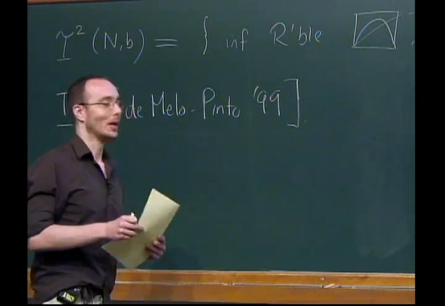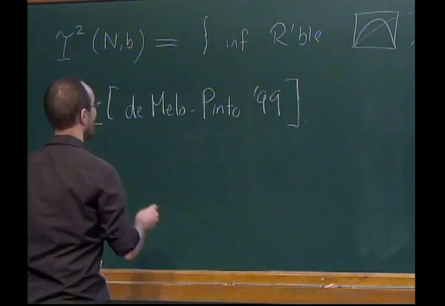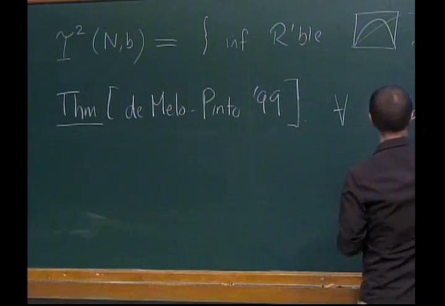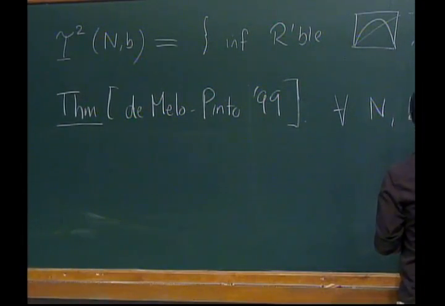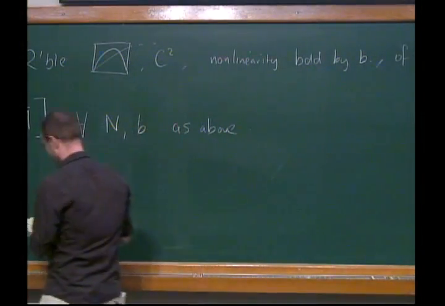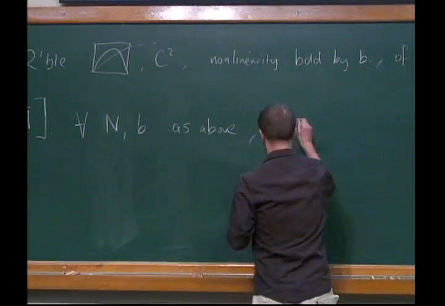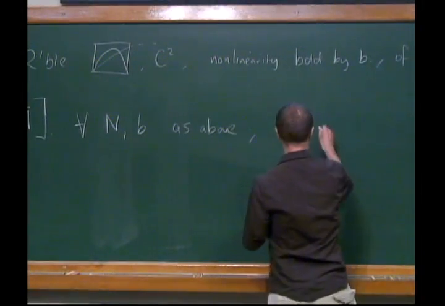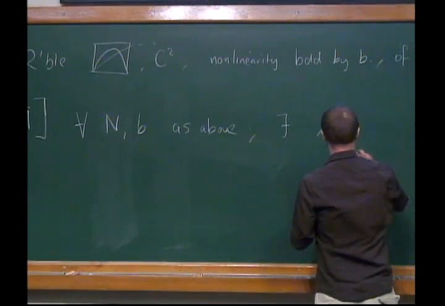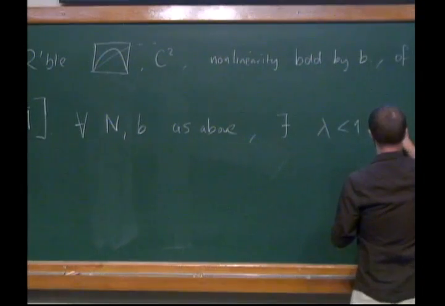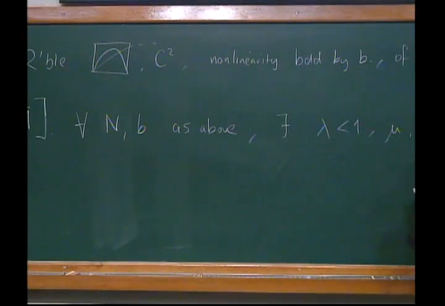So let's state it. For all n and b as above, there exists, so now I need some numbers, there exists a positive lambda less than 1, some mu, some c, such that the following holds.